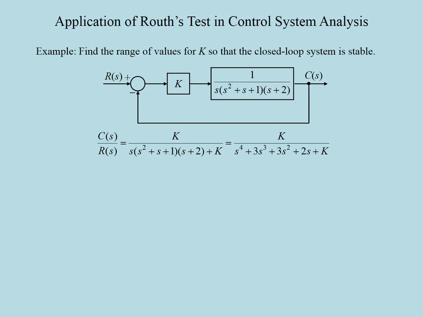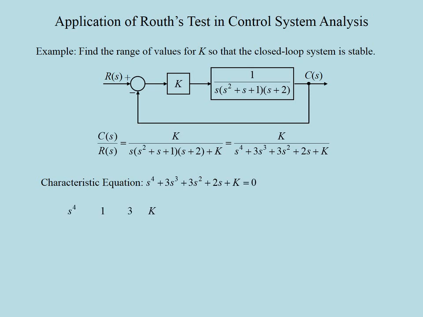This gives us the characteristic equation as s to the 4 plus 3s cubed plus 3s squared plus 2s plus k equals 0. To determine how the value of k is related to stability, we form the Routh array.